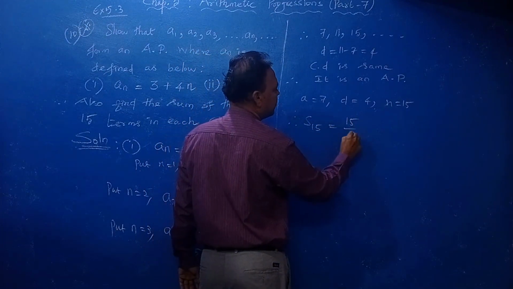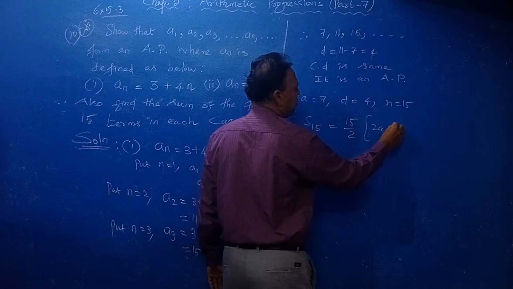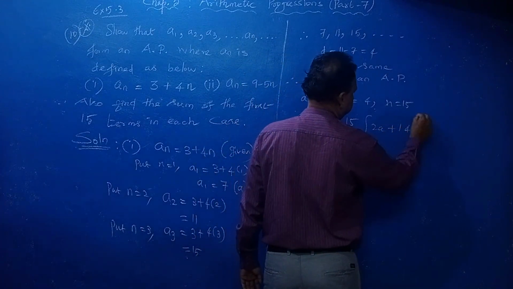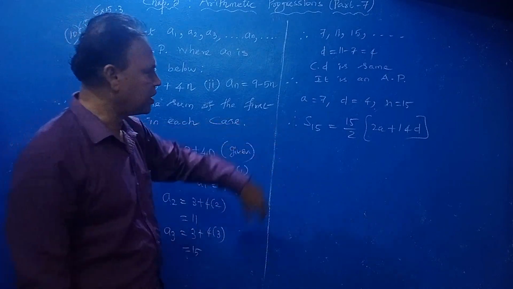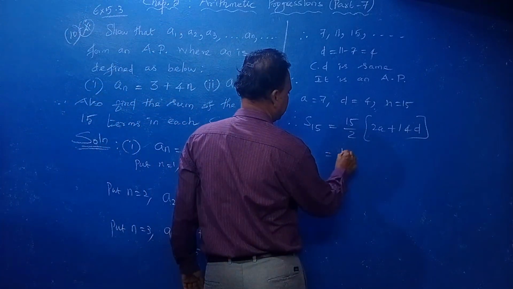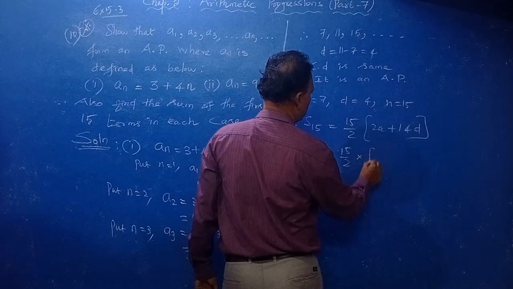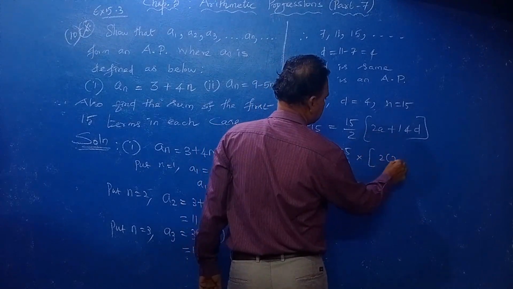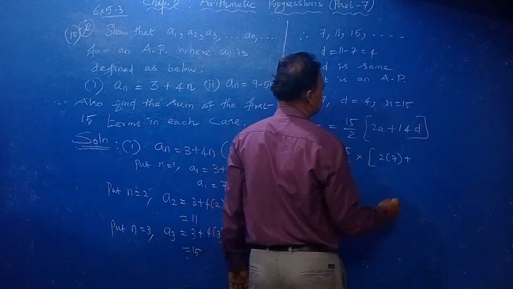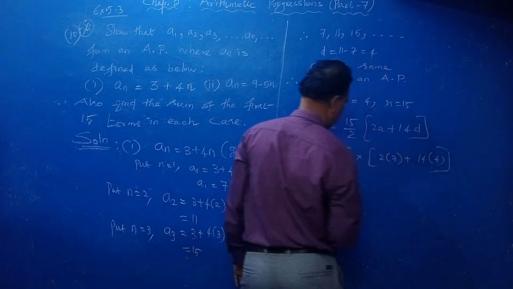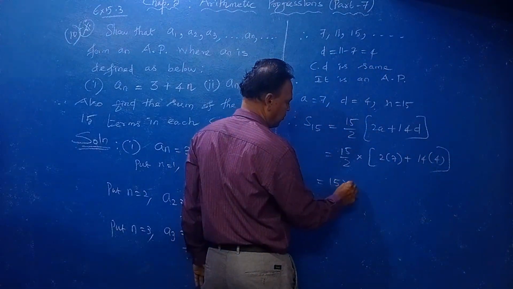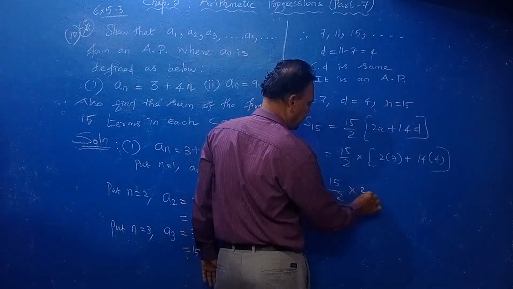S15 is nothing but 15 by 2 into 2a plus 14d. Write the formula correctly: n minus 1 into d, that is 14d. That is 15 by 2 into, a value 7, d value is 4.